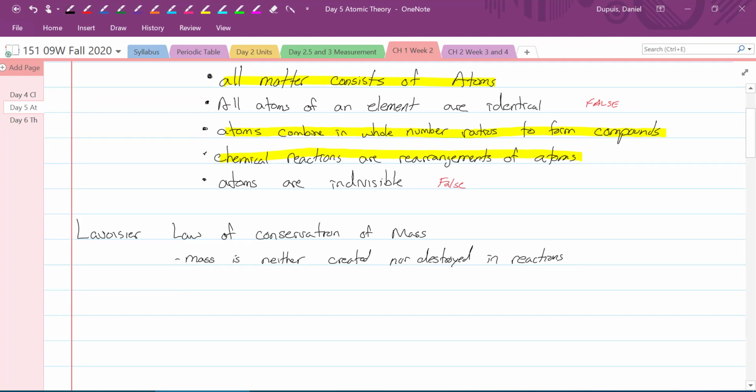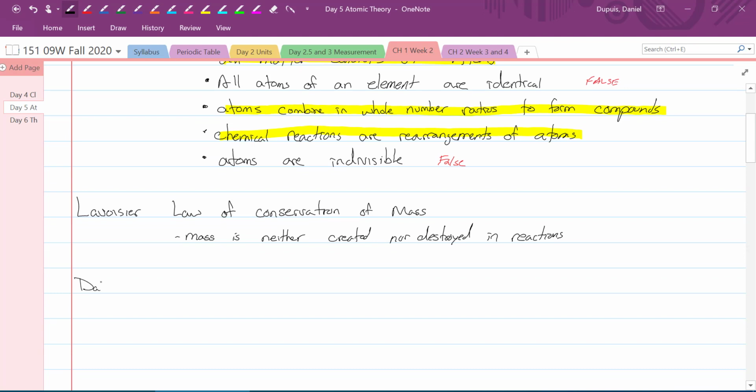All right, Dalton also came up with the law of multiple proportions.